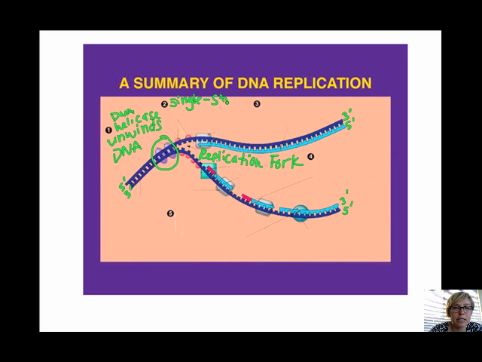Single strand binding proteins, and what they do is they stabilize the unwound DNA. And they make it so that these hydrogen bonds don't rebond together, and they keep that replication fork open.